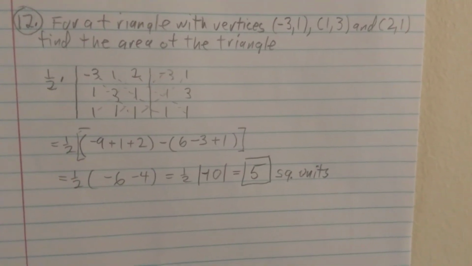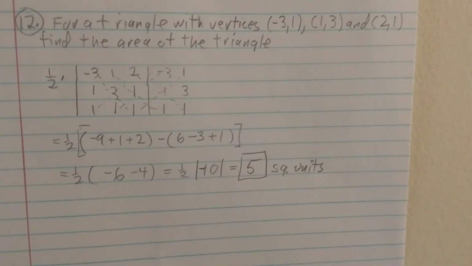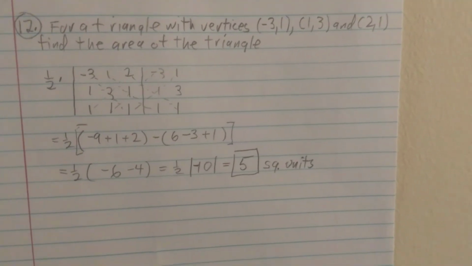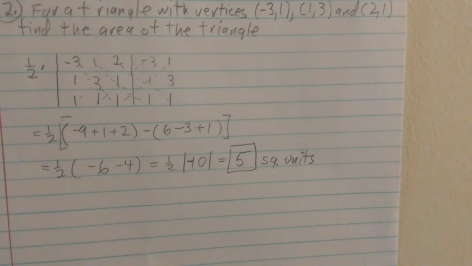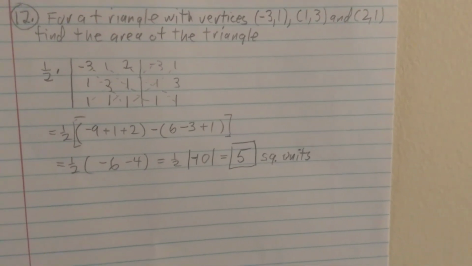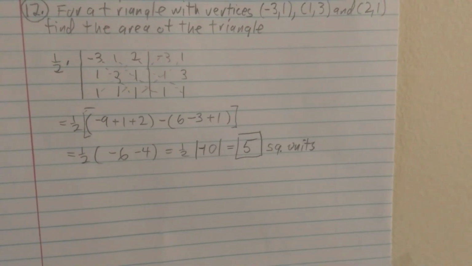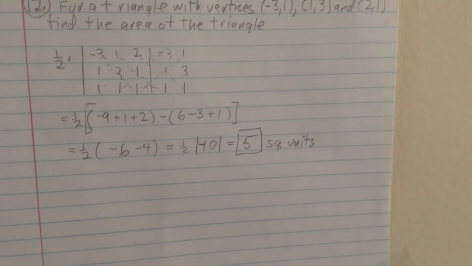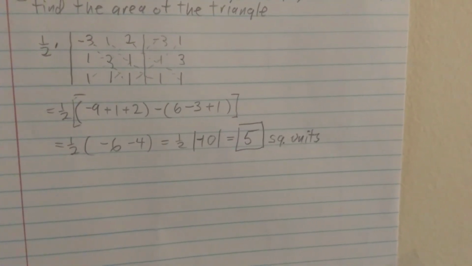And as we did in class, remember, we take the first diagonal, negative 3 times 1 times 1 is negative 3, plus 1 times 1 times 1 is 1, plus 2 times 1 times 1 is 2, minus, then we go back up, 1 times 3 times 2 is 6, and then 1 times negative 3 is negative 3, and 1 times 1 is 1.